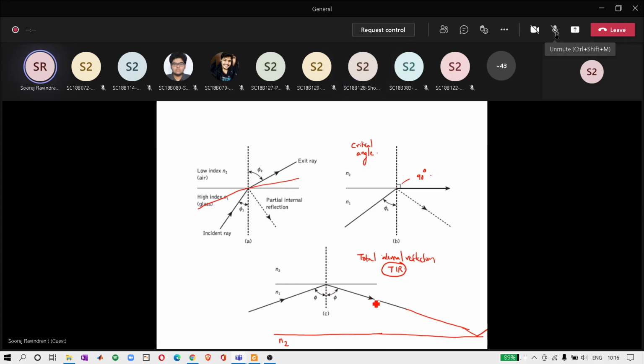Okay, so you are talking about this ray, right? Yes, sir. Yeah, of course, that would be greater because there is no leakage.